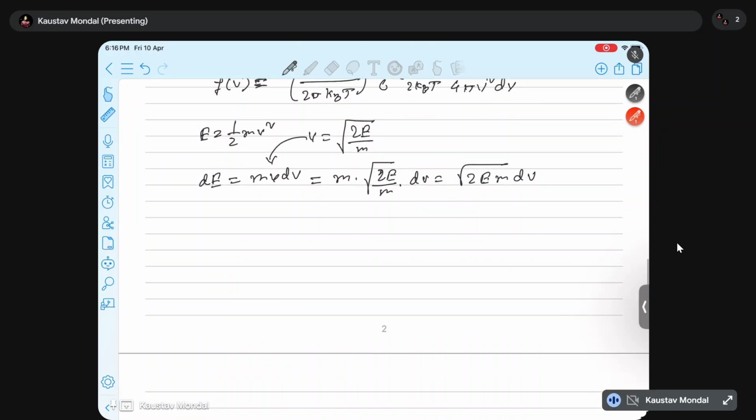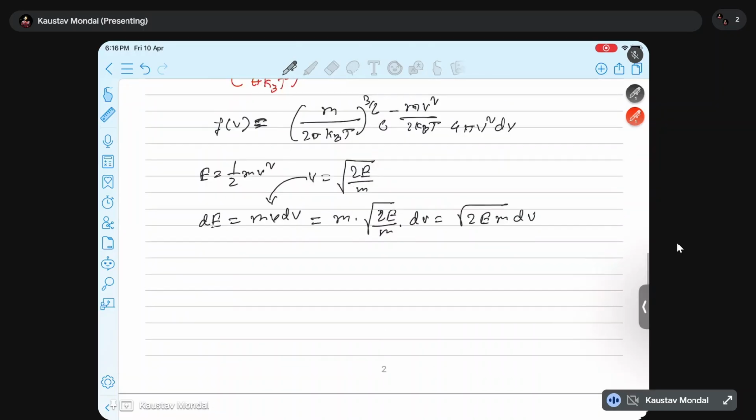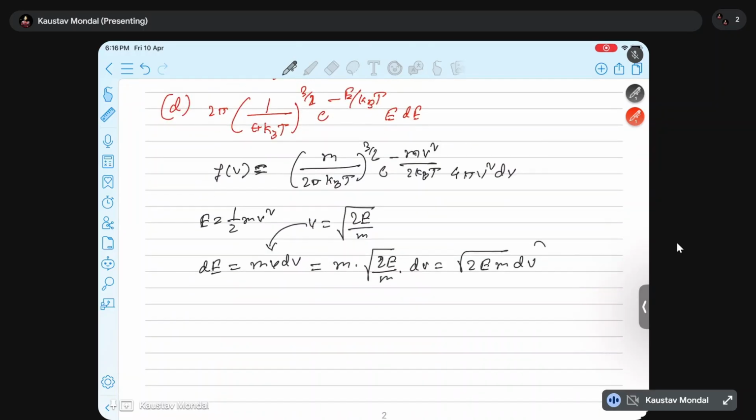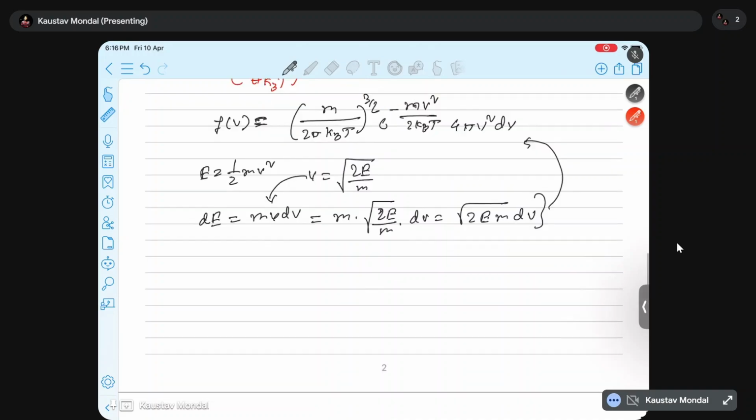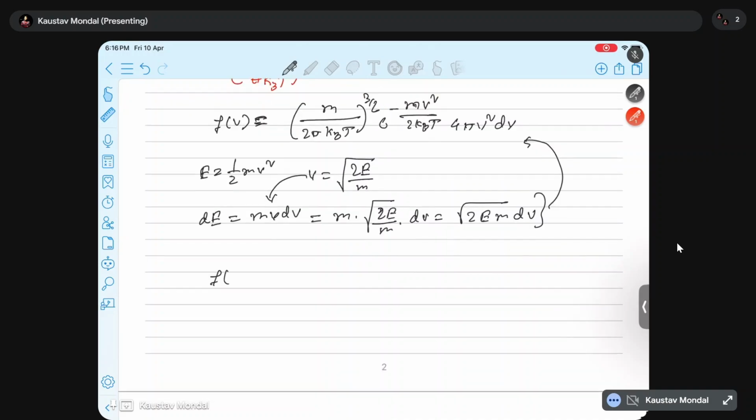Now from here, you just have to substitute all this terminology here. So F(E) will become m by 2 pi kBT to the power 3 by 2, and mv square we can write as 2E by kBT, and 4 pi v square dv.